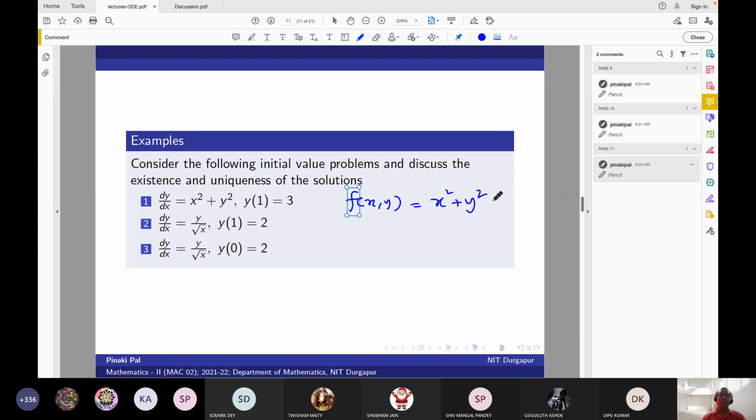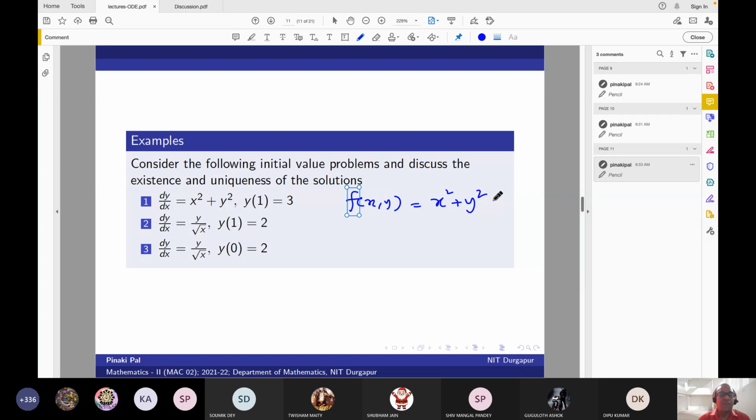So that is known, and you can use this. Formally proving continuity is not very easy in many cases. In this case it is not difficult, but in many cases it is not easy to check the continuity of a particular function.